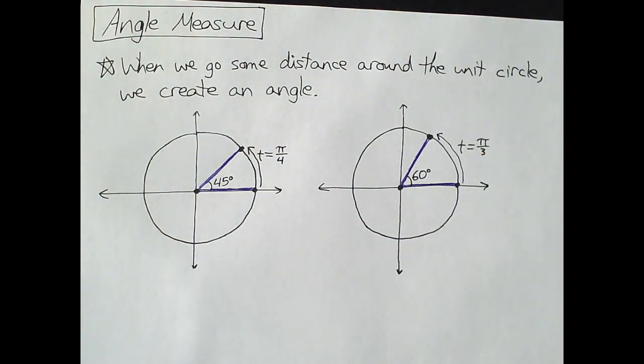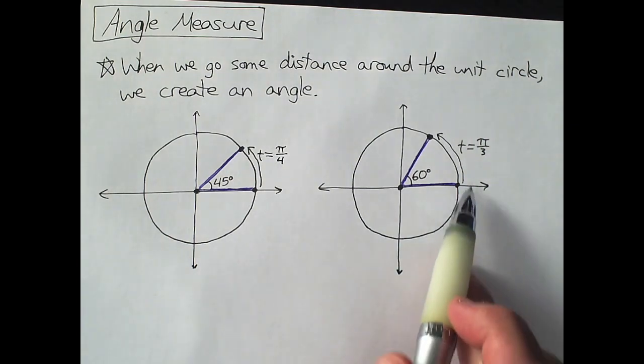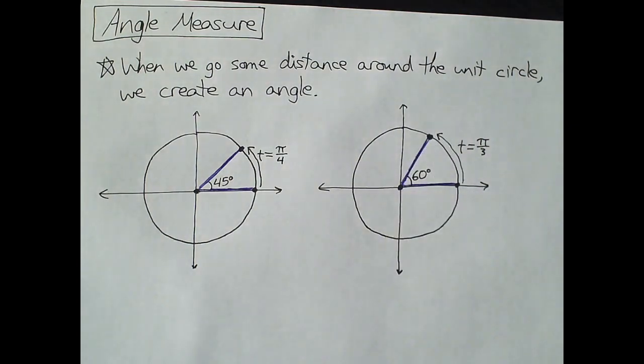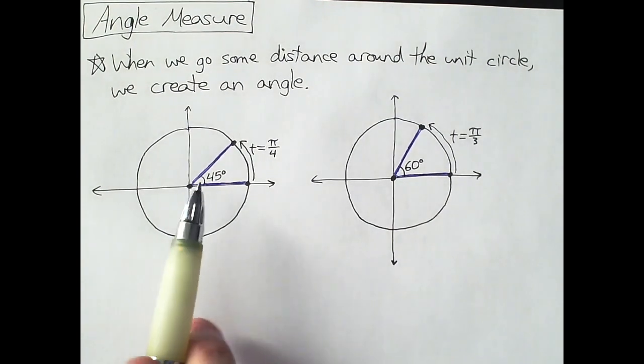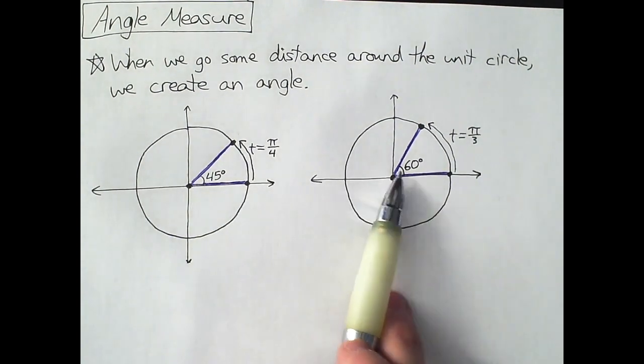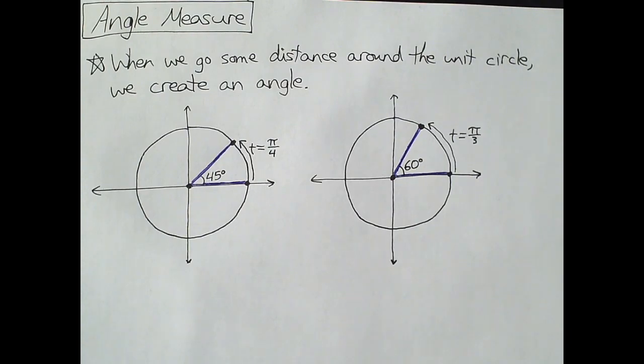Notice that we're going counterclockwise. We're starting from the right. And right now we've been making small angles that are in quadrant 1. We'll talk about other angles coming up soon. Now, how did I know this was 45 degrees and how did I know this was 60 degrees? We'll talk about that soon.